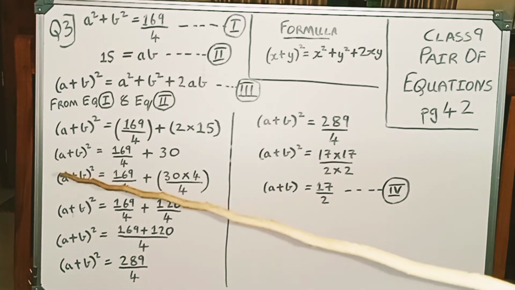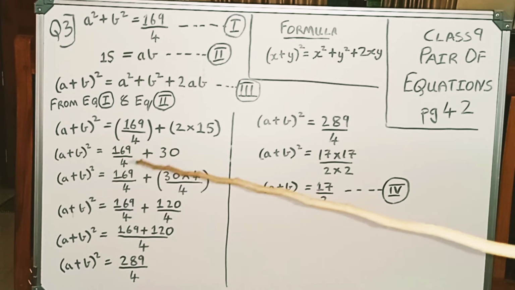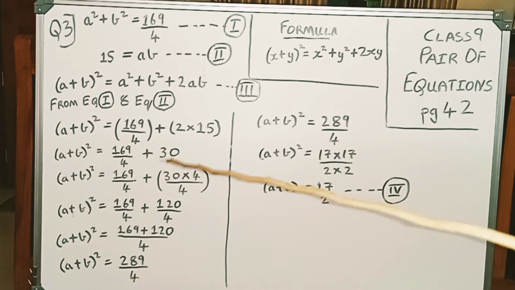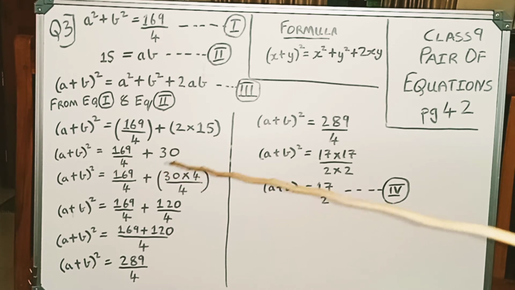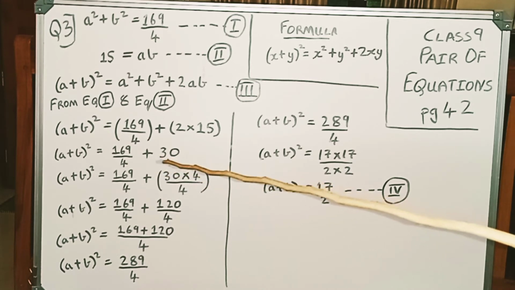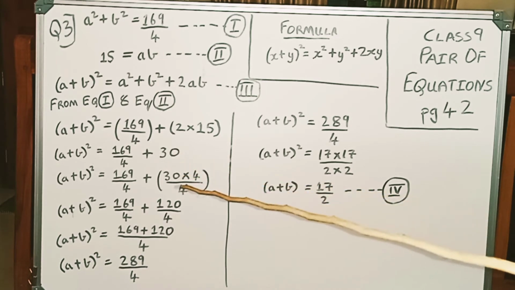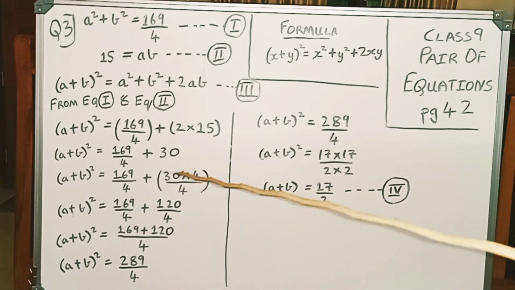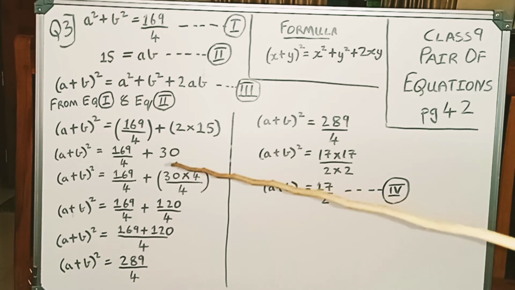So in this way you got a plus b the whole square is equal to 169 divided by 4 plus 30. Now these two terms you won't be able to add because the denominators are not the same. So using the LCM method, if we want the denominator 4, then we have to multiply and divide this 30 by 4.